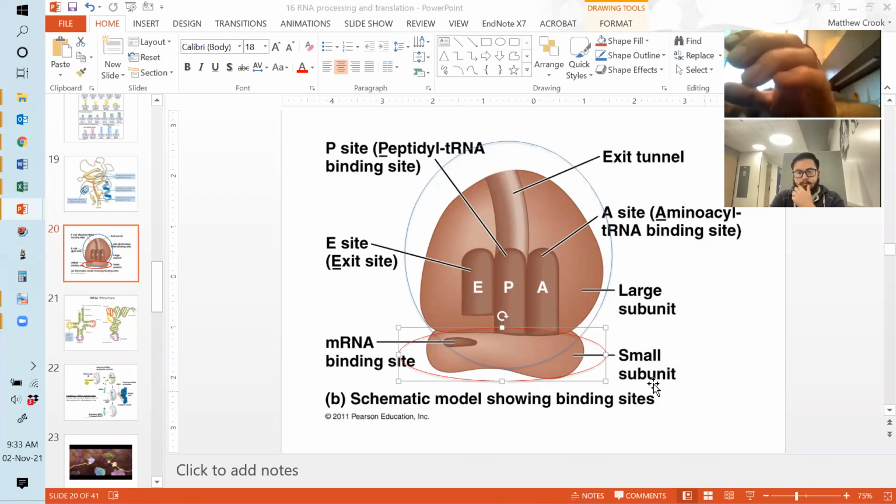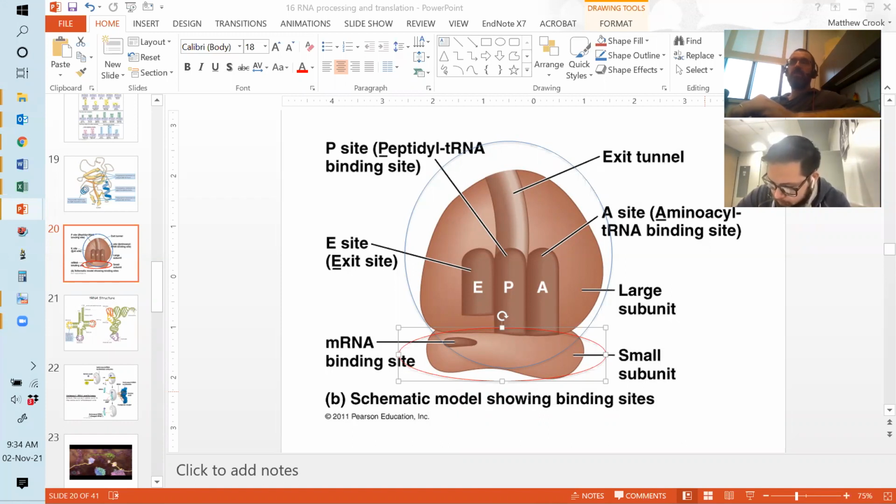So the small subunit equals binding mRNA, so initiation of translation, and processing along it. Right, so the small subunit doesn't have anything to do with peptide bond formation. So it's kind of like the motor or the carriage, right, that moves the whole caboose along.